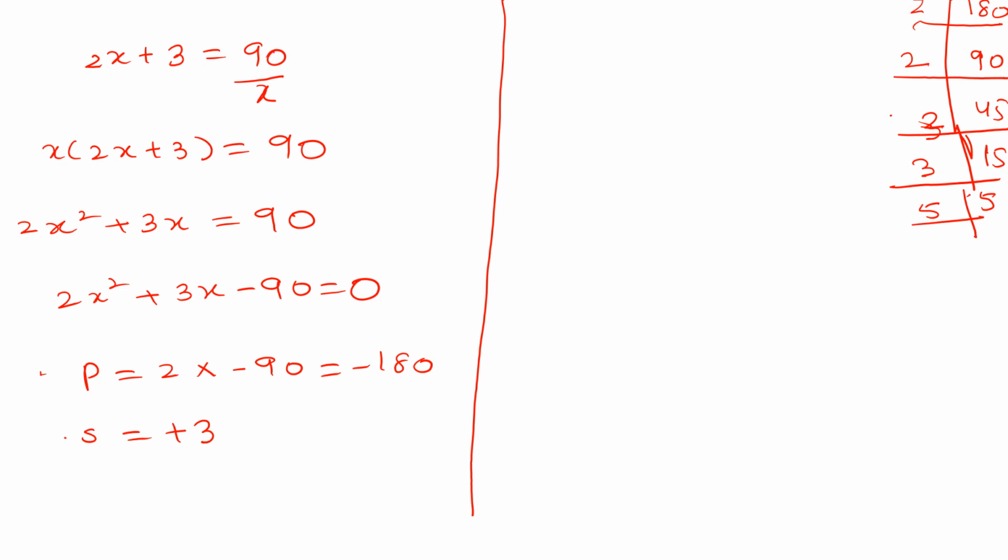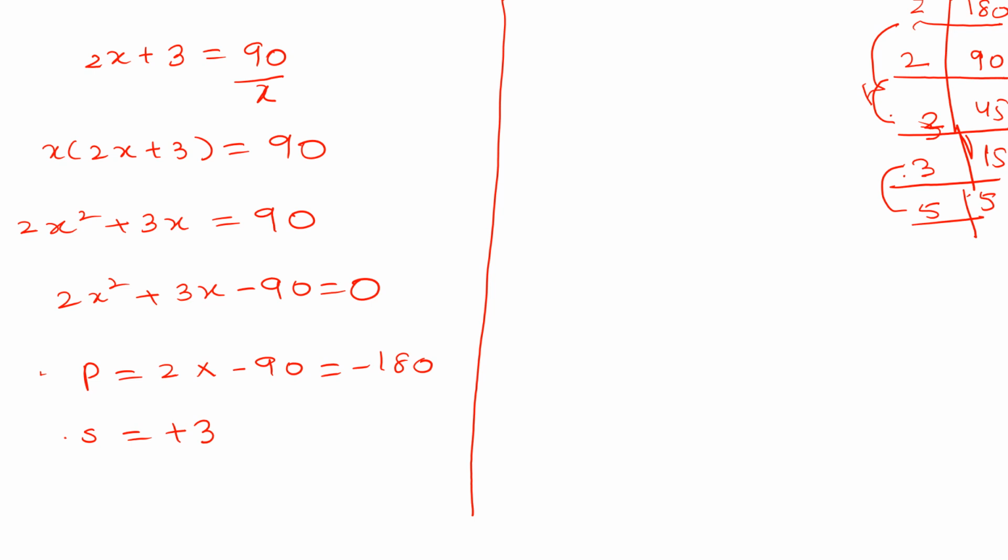See, 5 threes are 15 if you select, and 2 twos are 4, 3 twos are 6, and 6 twos are 12. 12 and 15: these numbers give product 180 and sum plus 3.